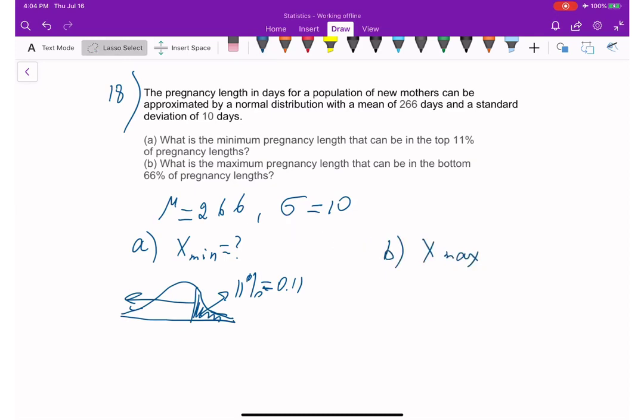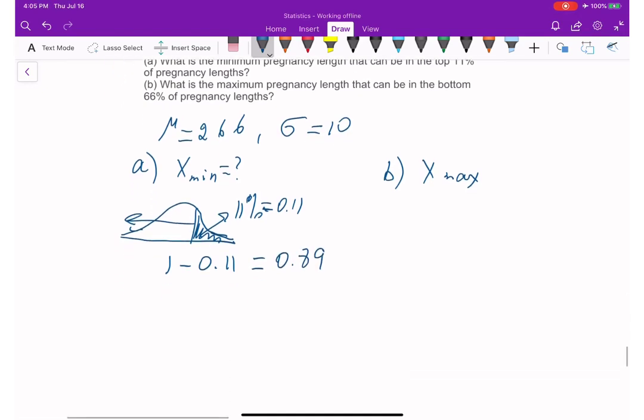So we are doing 1 minus 0.11. So to find the left side area, right? Because table shows left side, and that is equal 0.89.